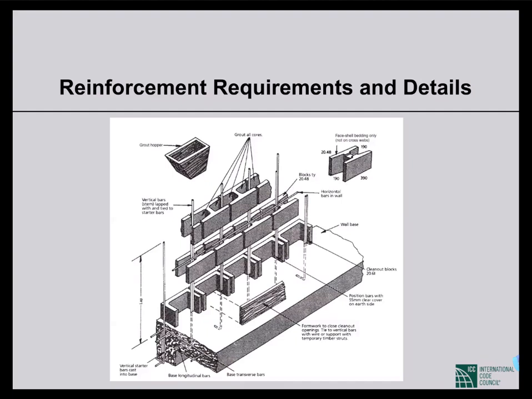The vertical reinforcements are anchored to the foundation or to the slab, and usually hooks are used to anchor. There are some specifications regarding these, which we'll see. So this is the way reinforcements are placed in reinforced masonry.